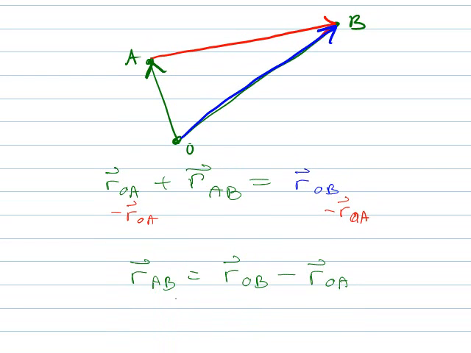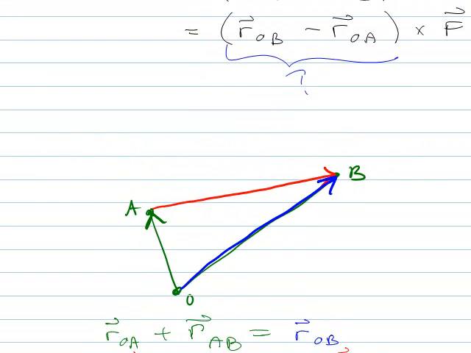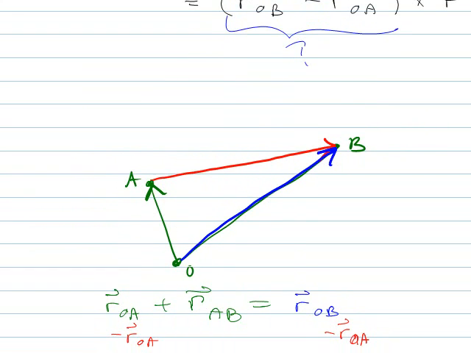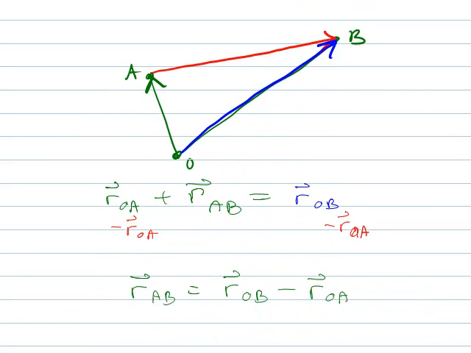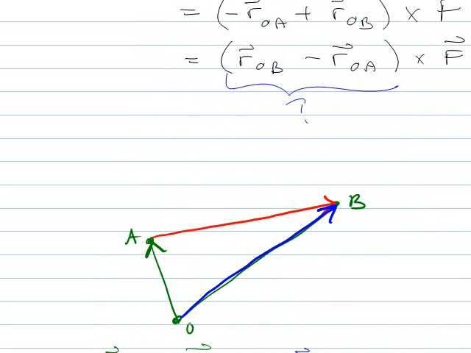Any position vector from A to B is going to be B minus A. So what I really have here is ROB minus ROA, that's R from A to B. So I can get rid of this now, and I can call this R from A to B cross F.